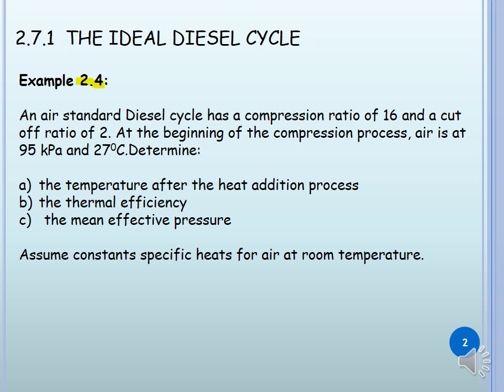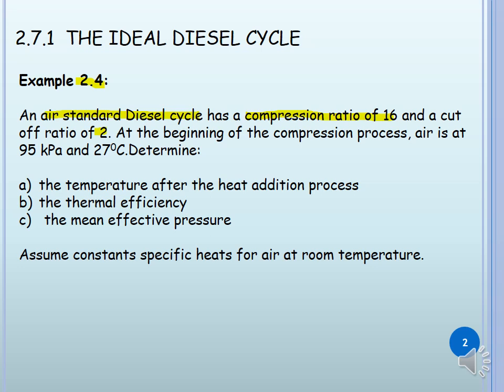Okay, for example 2.4, let's read together. An air standard diesel cycle has a compression ratio of 16, so RV equals 16, and a cut-off ratio of 2, so we have RC equal 2.